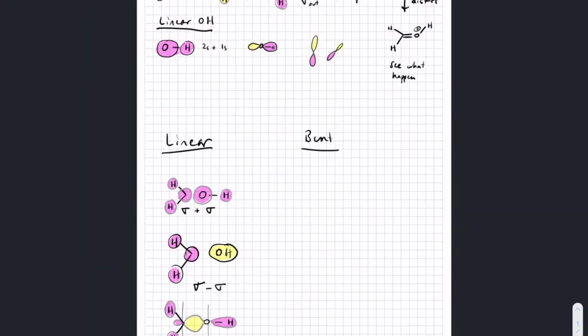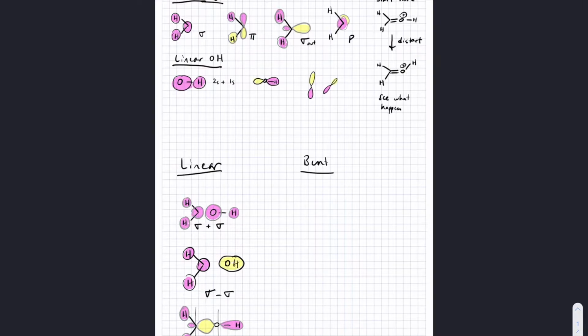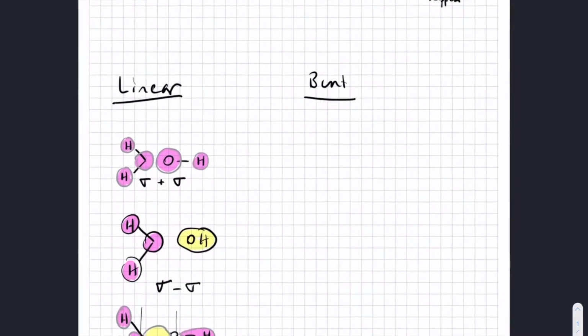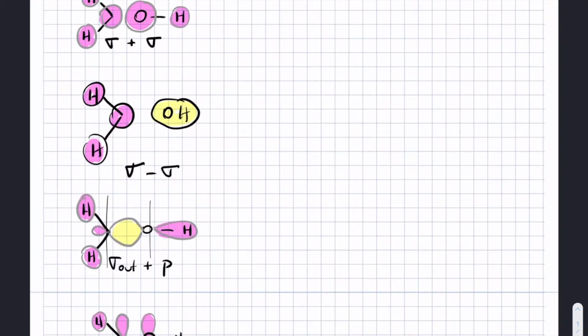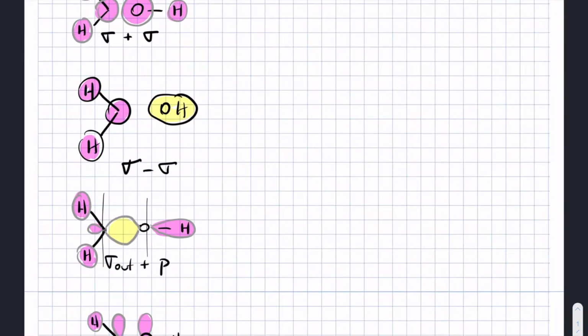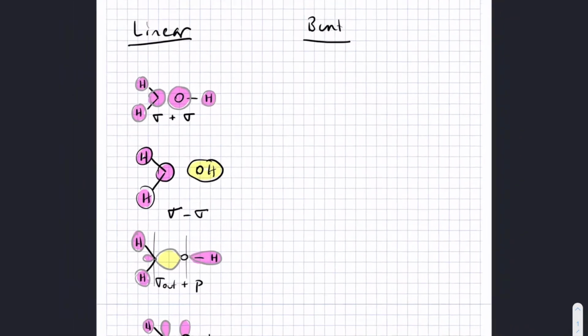The next one we could get by combining the sigma out of the CH2 group with this p orbital derived orbital from oxygen. This is the in-phase combination. The out-of-phase combination would be high enough in energy that we don't need to worry about it.